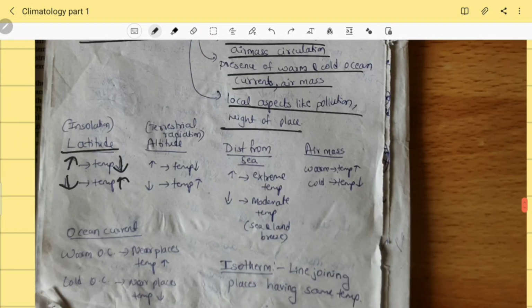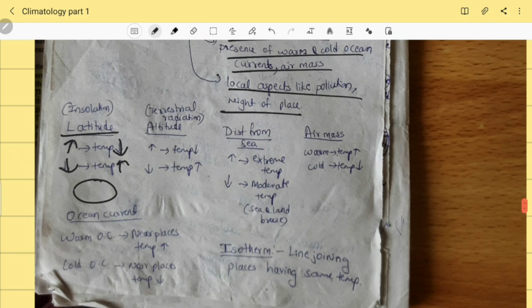Okay, so we know that equator is at 0 degree latitude. As we go above, the latitude increases. Say it is 23.5 degree north, then we have 66.5 degree north, right? Like that it increases. So if this increases, then temperature decreases, because we know that near poles it's ice, right?